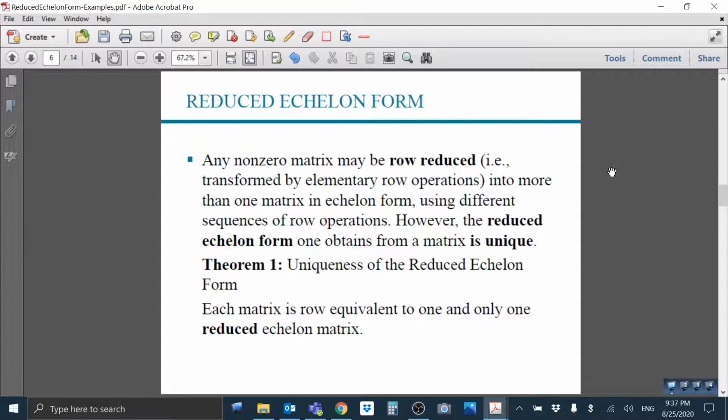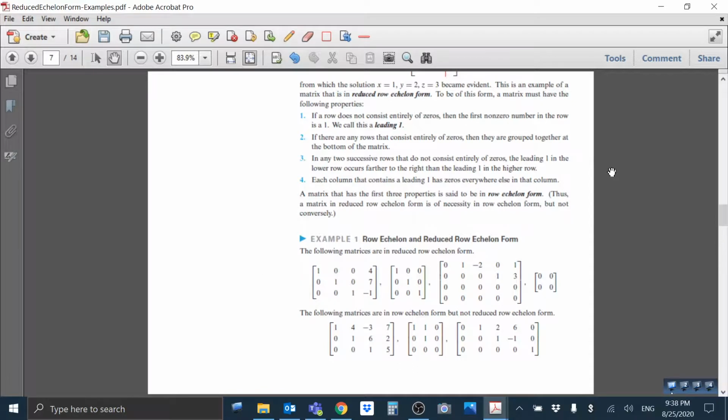So identity 4x4 is a reduced echelon form for all invertible 4x4 matrices. So there are infinitely many of those, and all of them have identity as reduced echelon form just because they are invertible. So that's one of the examples. So each matrix has unique reduced echelon form, but that reduced echelon form could be the one that you get from different matrices also.